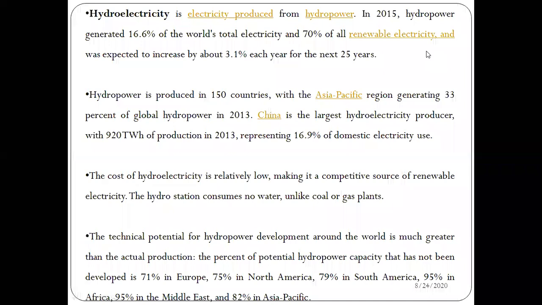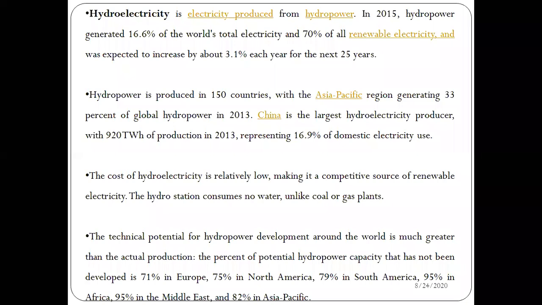Hydroelectricity is electricity produced by hydropower, and it is estimated that in 2015, hydropower generated 16.6% of the world's total electricity and 70% of all renewable electricity, and was expected to increase by about 3.1% each year for the next 25 years.